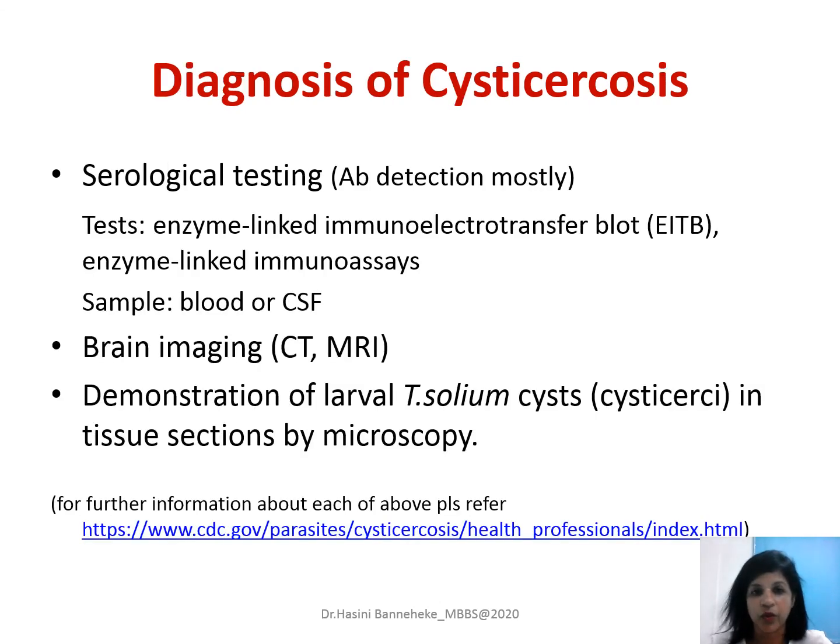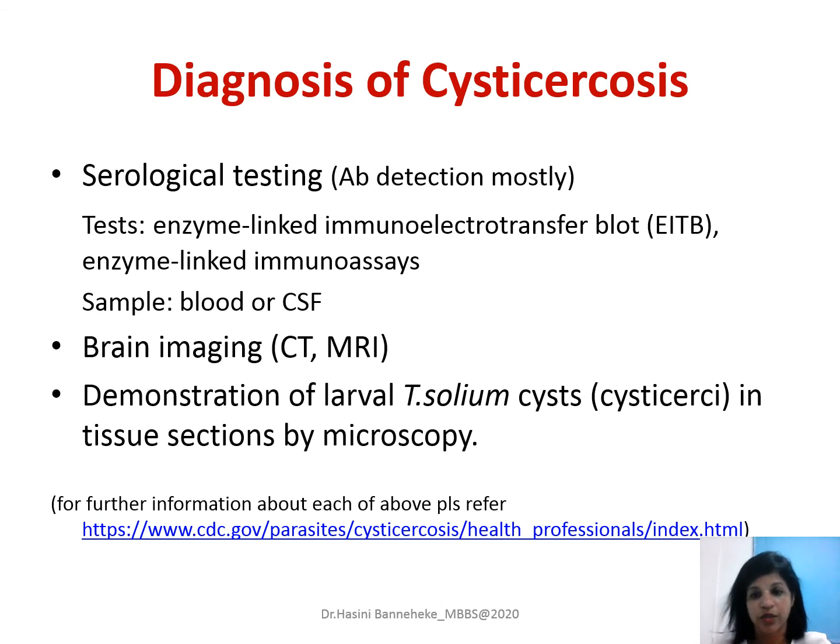And now we will move on to the diagnosis of cysticercosis. Generally, cysticercosis is diagnosed with serology, that is detection of antibody mostly. So the tests which are commonly used are the enzyme-linked immunoelectrotransfer blot or the ELISA test that you commonly know, the enzyme-linked immunoassay.